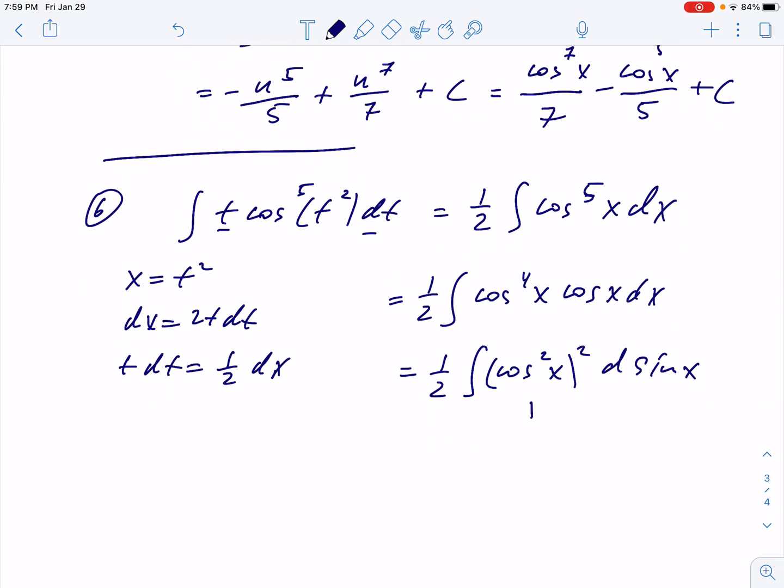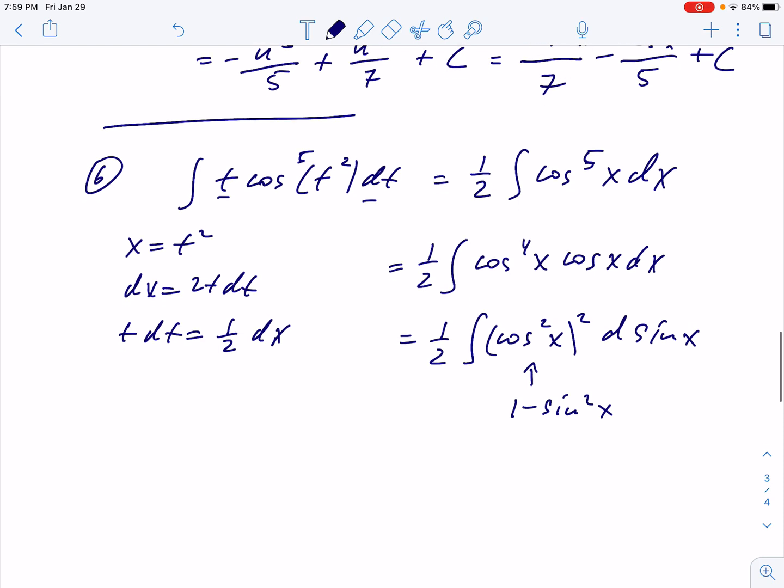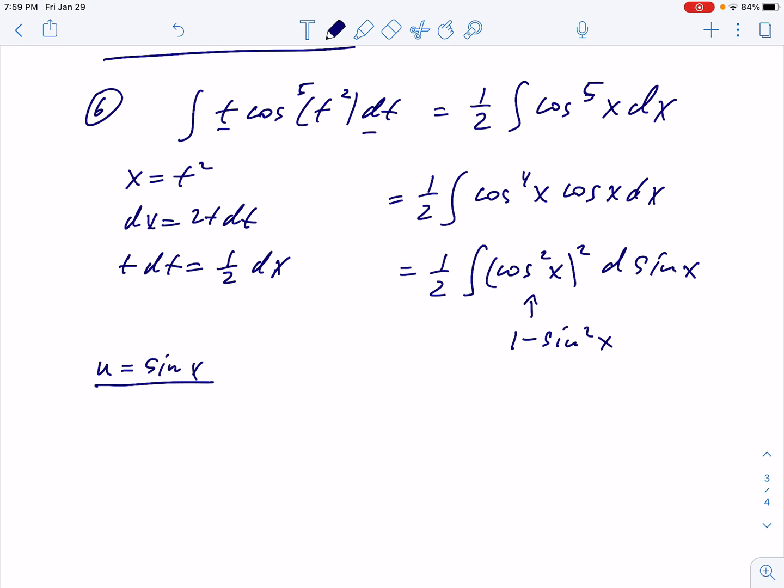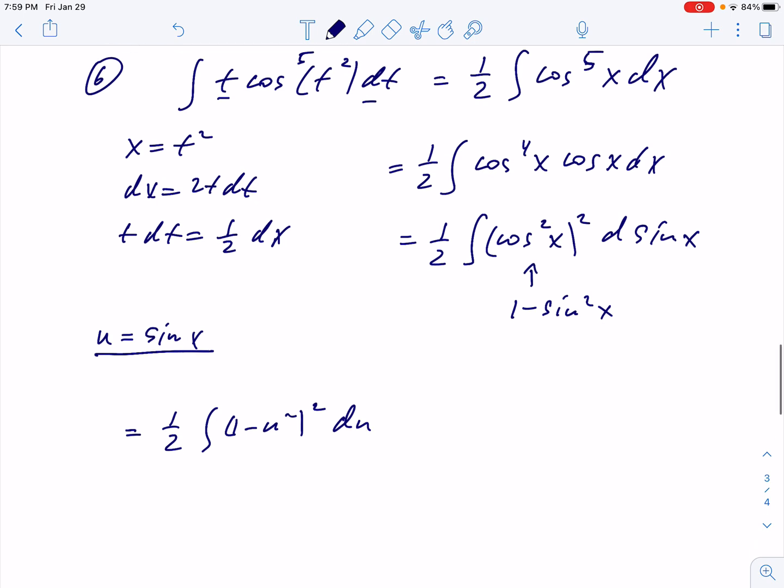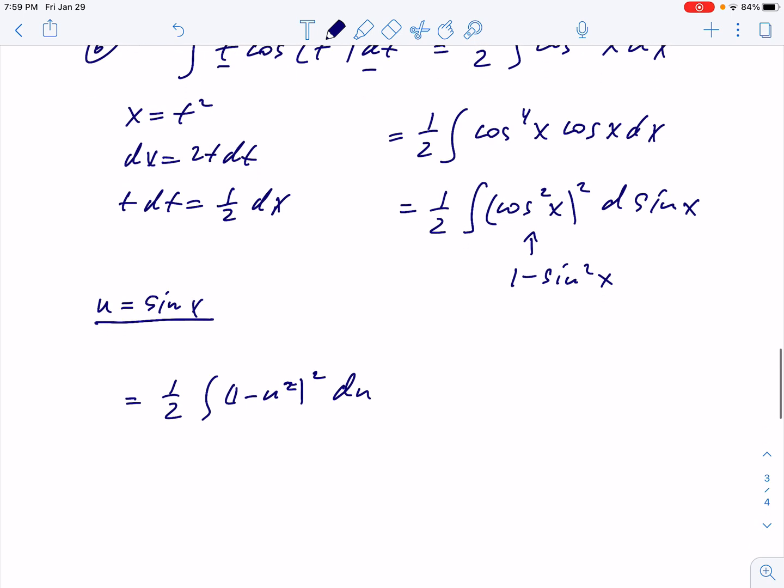Now cosine squared we replace by 1 minus sine squared, and maybe again it's good to use a new letter now. Let's say u is sine x. We replace sine x by this, and continuing this work, we have 1/2 integral of 1 minus u squared, all this squared, du. We can solve this integral by expanding this square.